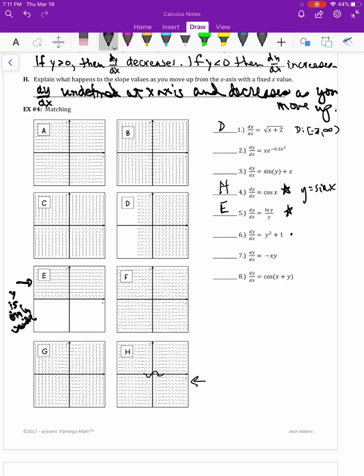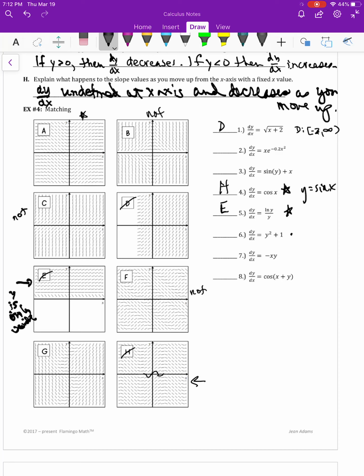Another thing to look at is which ones are x only, because they're all the same vertically. So this one would be all the same vertically. This one is not. This one is not. We already took care of that one and that one and that one.